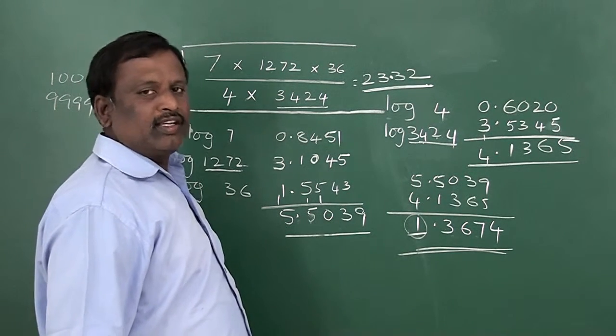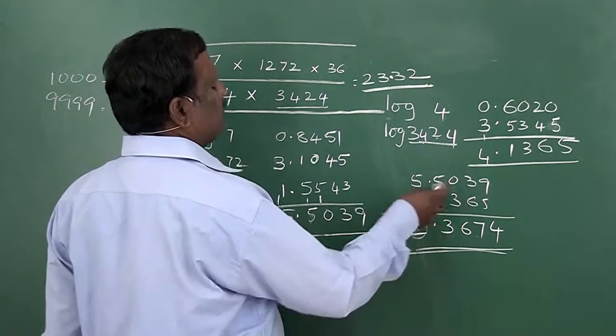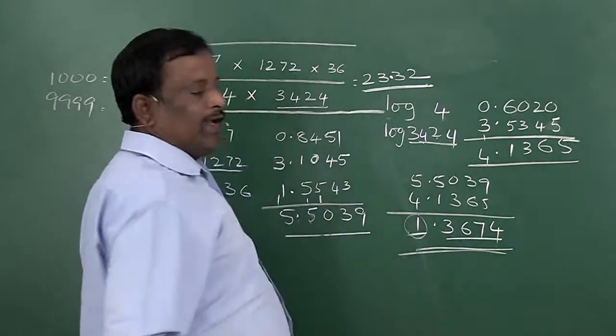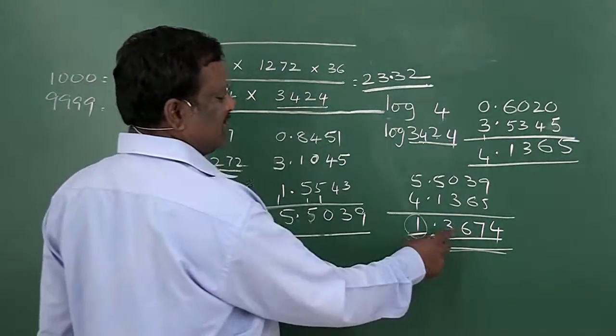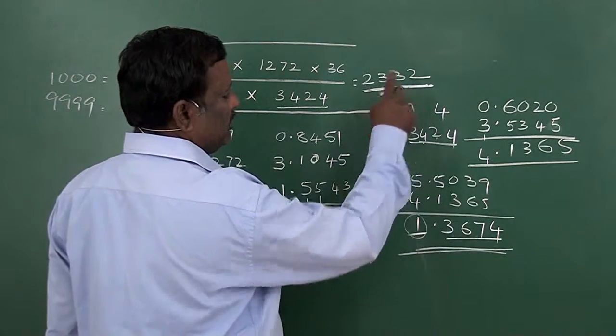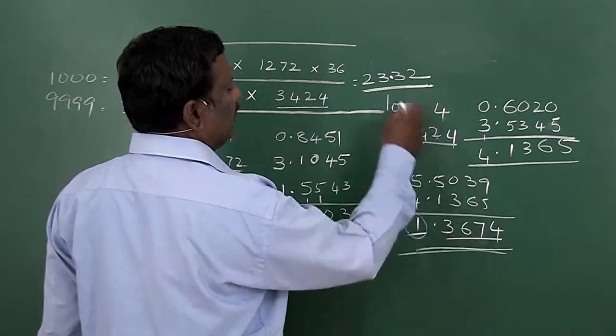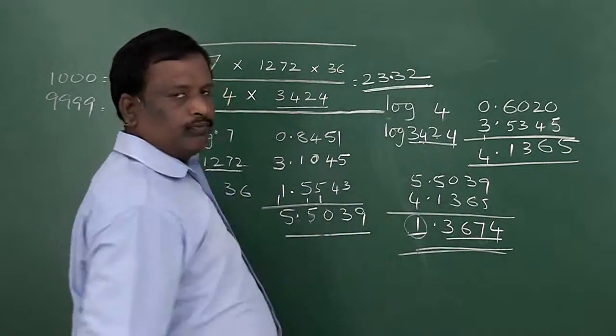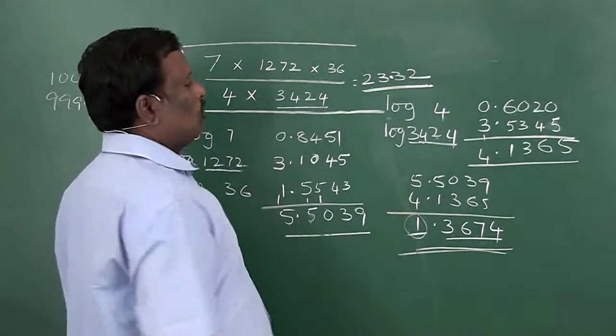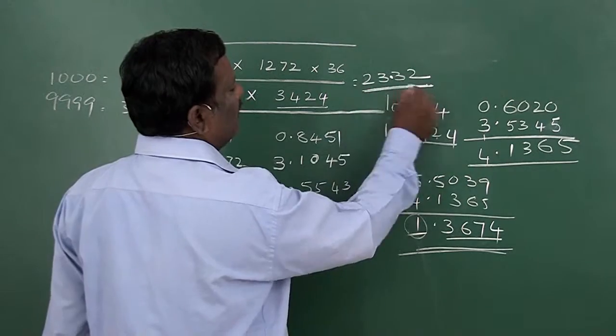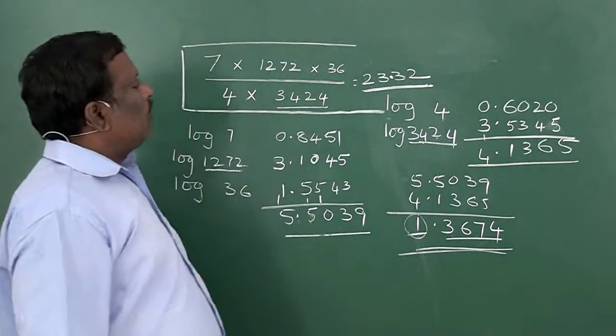So the answer is a 2-digit number. What are the 2 digits? So you should go to the antilog table. 0.36 against 7, you will have this value, and mean difference 4 should also be added to it. Then you will get 2332. So 2-digit number, so 23.32 is the answer for that problem.